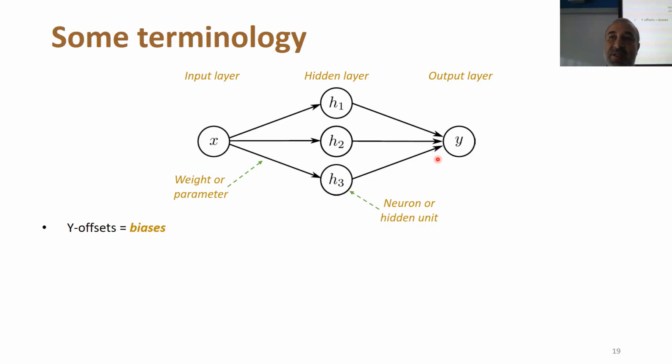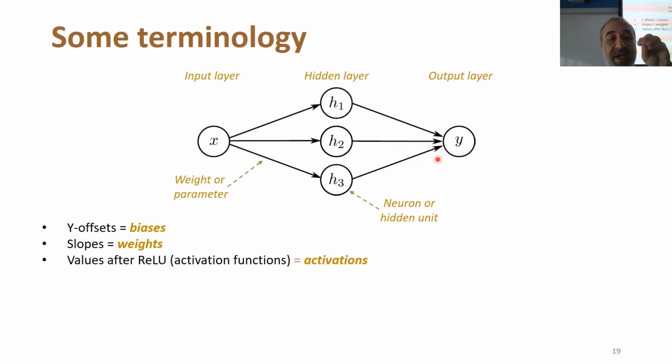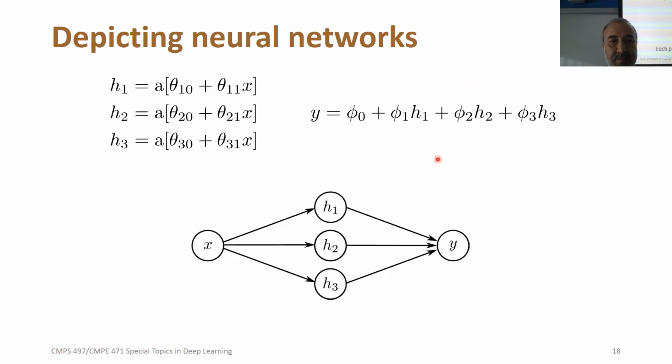So again, the offsets are the biases, slopes are the weights. The values after the ReLU, we call them activations. After we apply the ReLU function, we call the value activation. Before we apply the ReLU function, that's the linear part, we call it pre-activations. So theta 10 plus theta 11 times x is the pre-activation value.